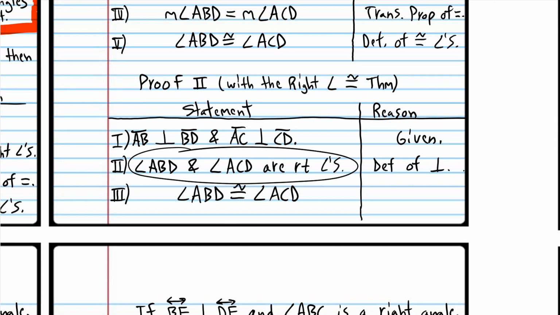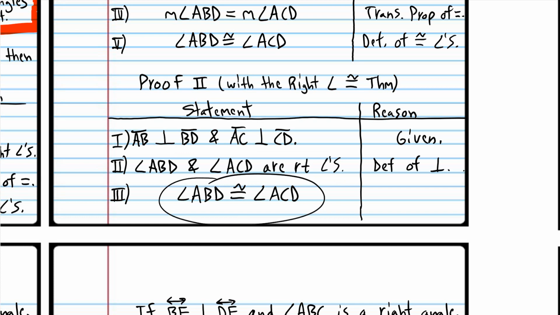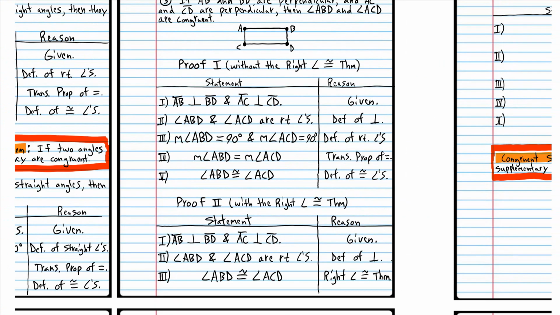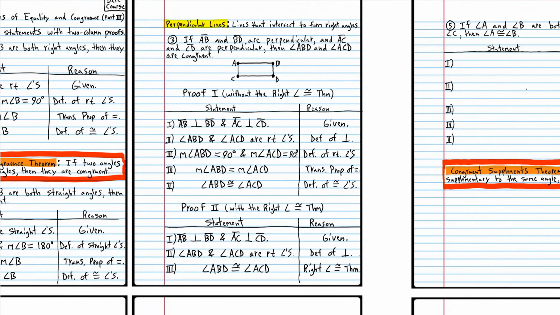They are congruent by the Right Angle Congruence Theorem. As you can see, by using that simple theorem, we were able to skip these two steps. That's why we're learning these very simple theorems.